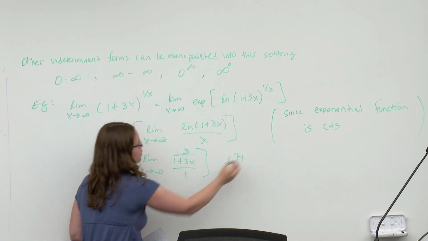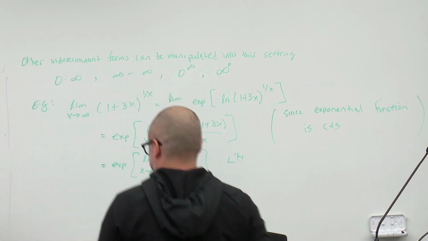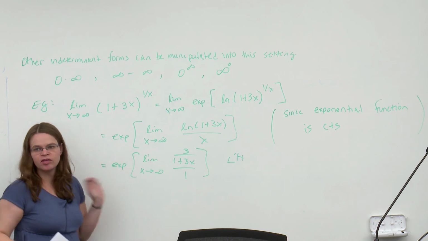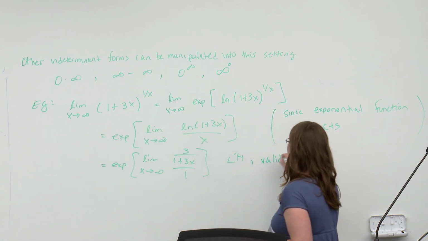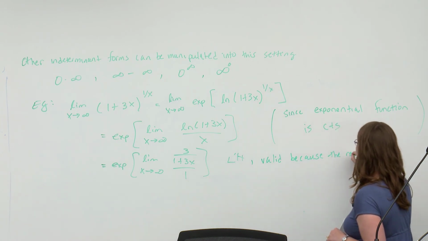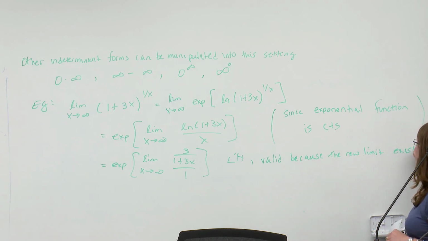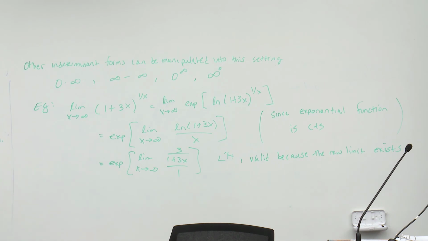That's L'Hopital's rule, which is valid because the new limit makes sense. And now you're in business to just evaluate the limit. You get e to the 0, which is 1.